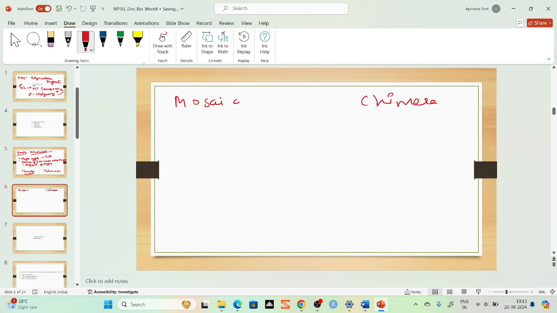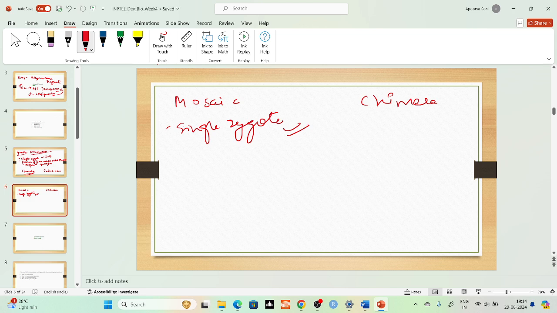In mosaic, we talked about different genotypes, that means cells from different lineages, which are arising from a single zygote in a single individual. So here we talked about a single zygote. Two or more different lineages.